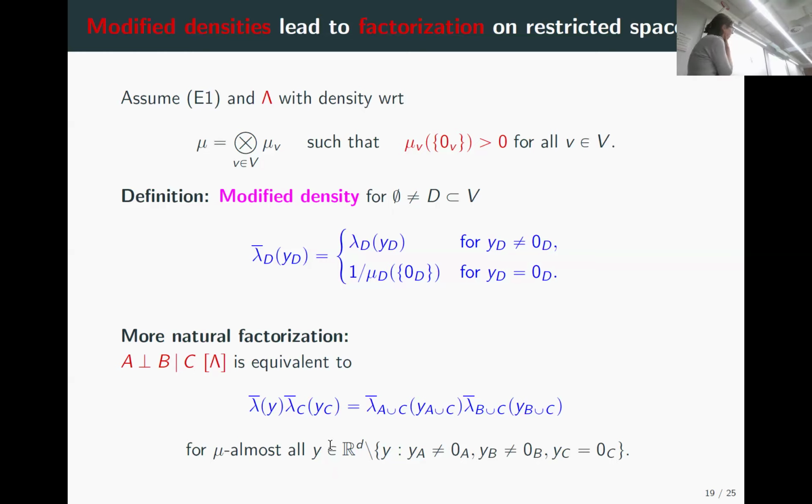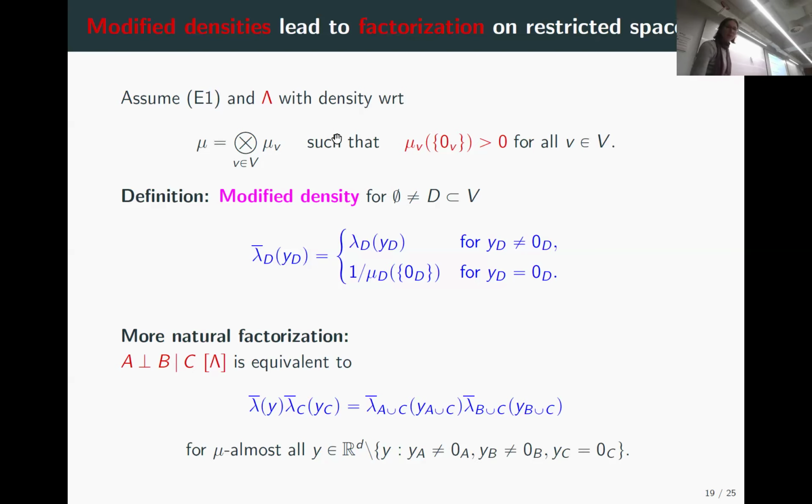But if we modify the density in a certain way, when we take densities, we need to take into account that we can have mass on the subspaces. So we now need to take densities with respect to measures that have mass at the origin, basically. So imagine, for instance, you take the Lebesgue measure and delta 0, mass at the origin, as the measure with respect to which you take the density.